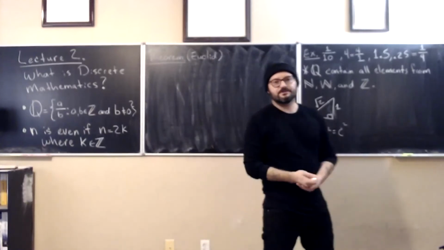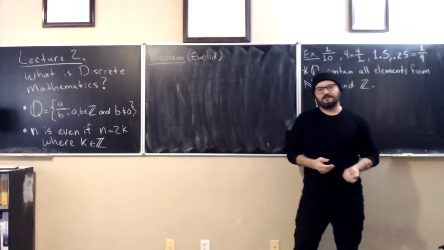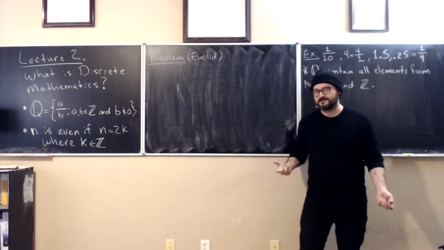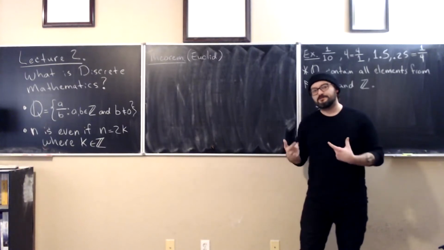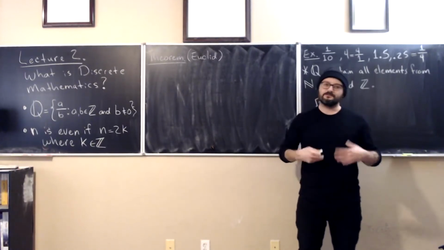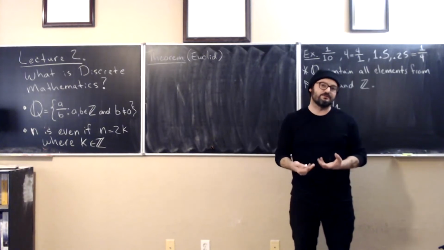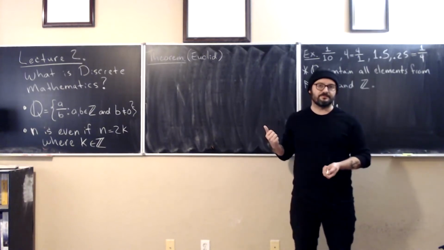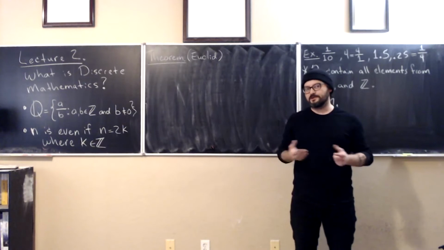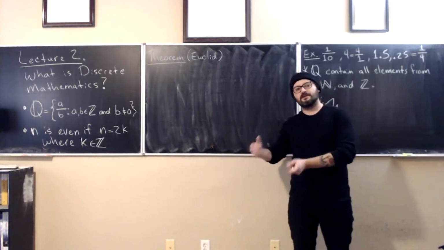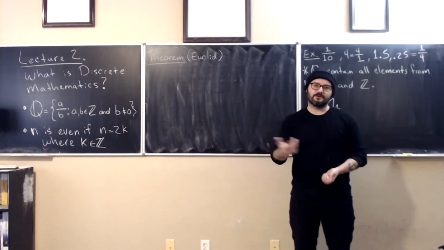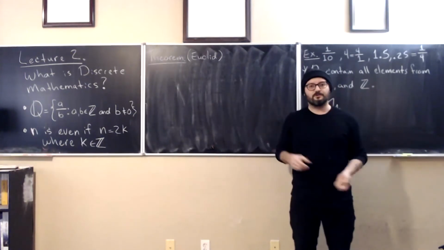And mathematicians tend to believe that this is the most beautiful of all arguments with respect to proofs. And in discrete mathematics, we're going to learn how to prove arguments very similar to this. It might seem daunting at first, but I'm going to walk you through it as the semester goes on, how to write arguments in a formal way.